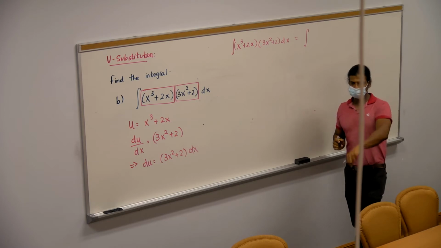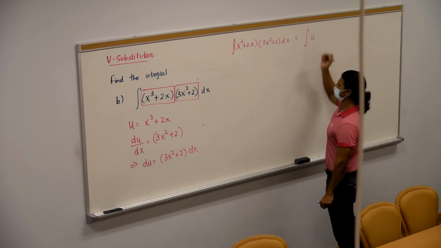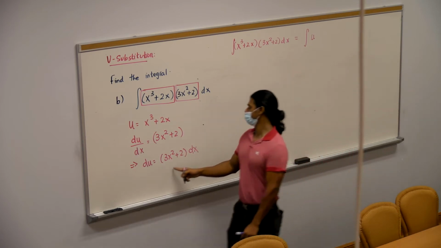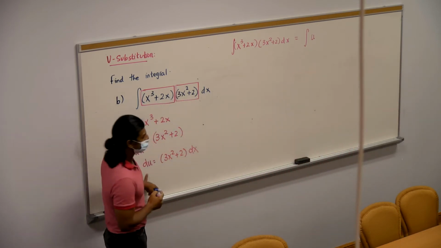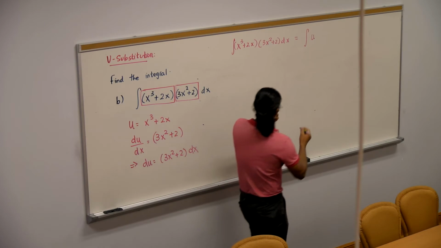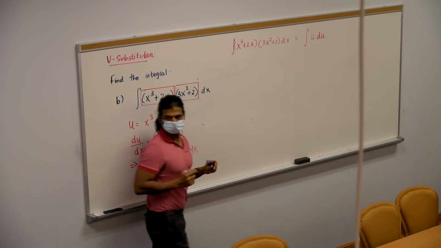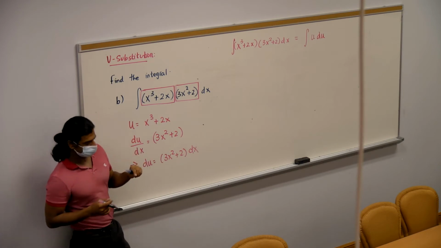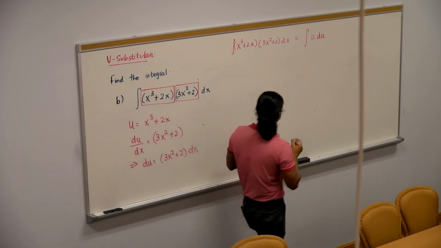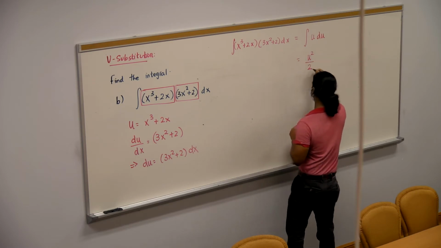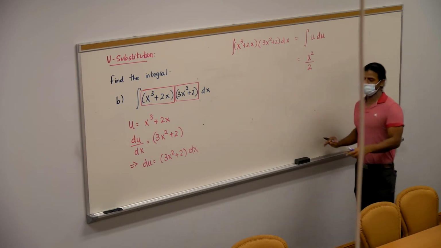X cubed plus 2x is u. The remaining term, 3x squared plus 2 multiplied by dx, is simply du. If I integrate u du, I know the answer is u squared over 2. And don't leave the answer as is.